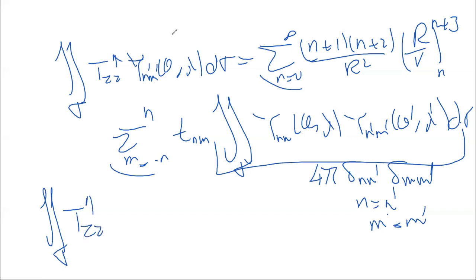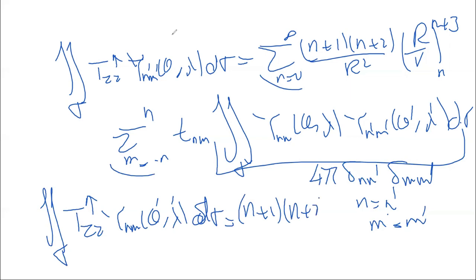Then I come to this formula simply. TZZ at satellite, NM, theta prime, lambda prime, the sigma will be n plus 1, n plus 2 divided by r2. Let me clean this one.